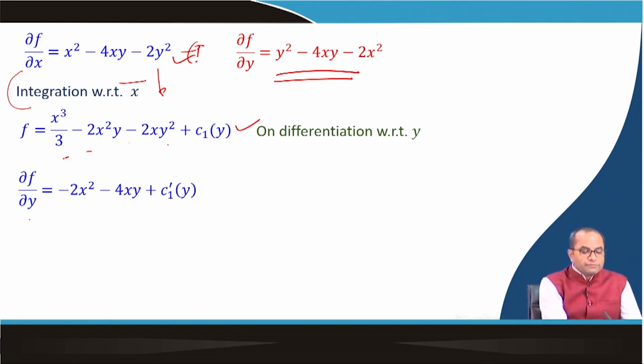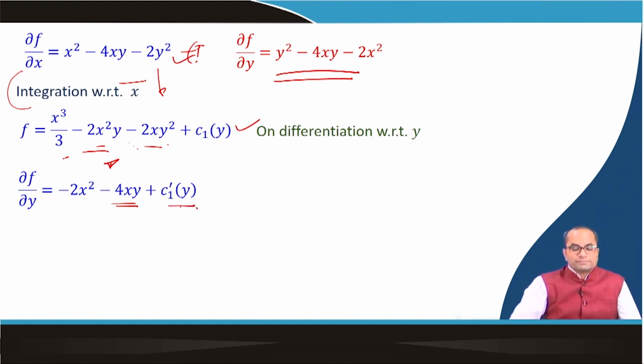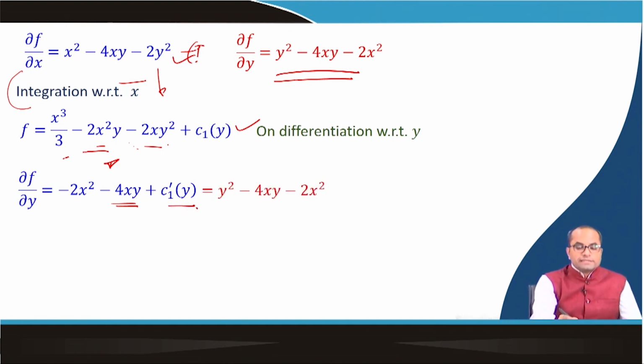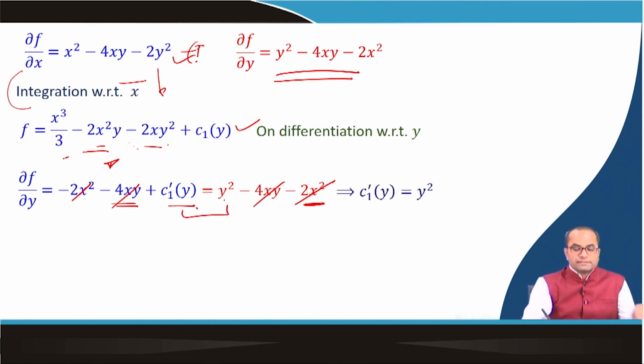So, here we have ∂f/∂y equal to, from this equation, the x³/3 with respect to y becomes 0, here minus 2x², here minus 4xy, and then the derivative of c1 with respect to y, and this we can set equal to y² - 4xy - 2x². So, here this minus 2x² and 2x² will be cancelled, also this 4xy will be cancelled, and we will have c1'(y) equal to y², and that is the key here.